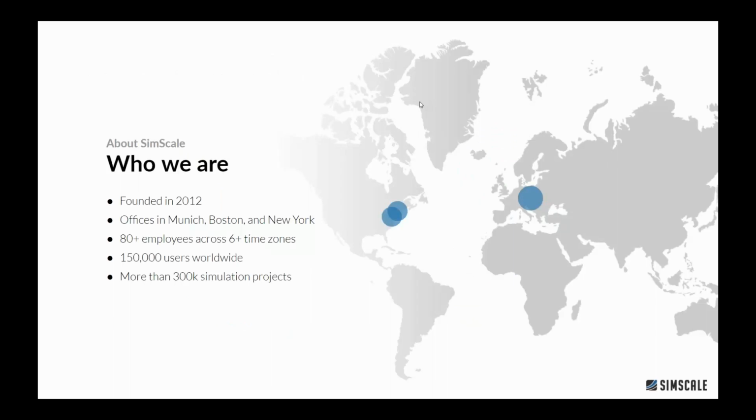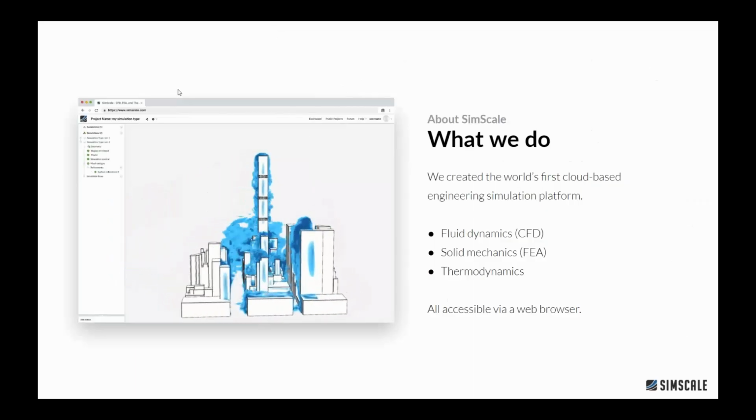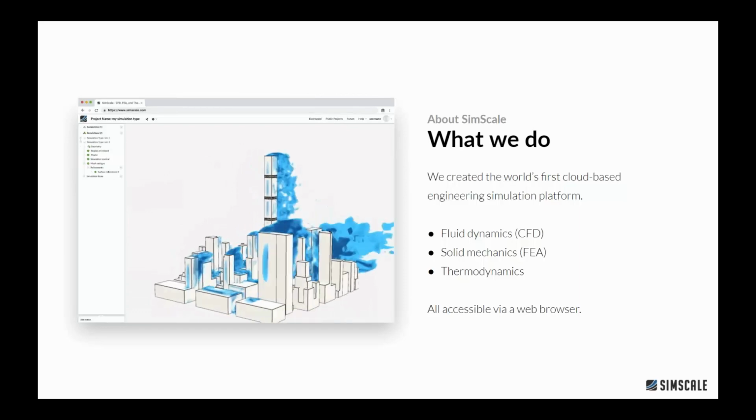For the ones that don't, we're an 80-ish people company, founded out of Munich, Germany, with offices also on the East Coast. We can support our customers across 6 time zones. SimScale.com is an engineering simulation platform in the cloud.